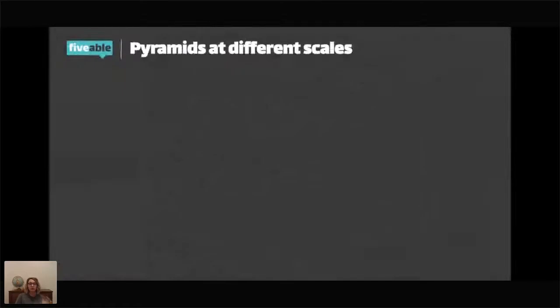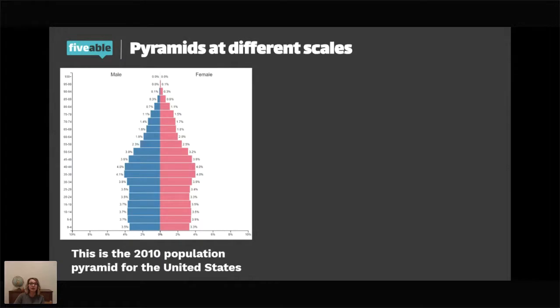So we talked a couple of slides ago about pyramids at different scales. We just looked at two city scales, and before that, we looked at our world scale. This is a population pyramid of the United States on the left, with all 50 states included, so averaged out.